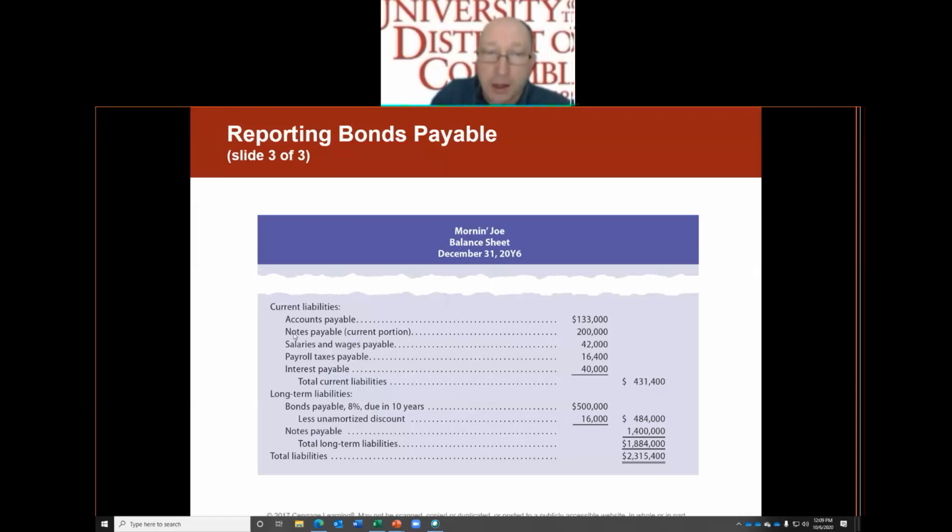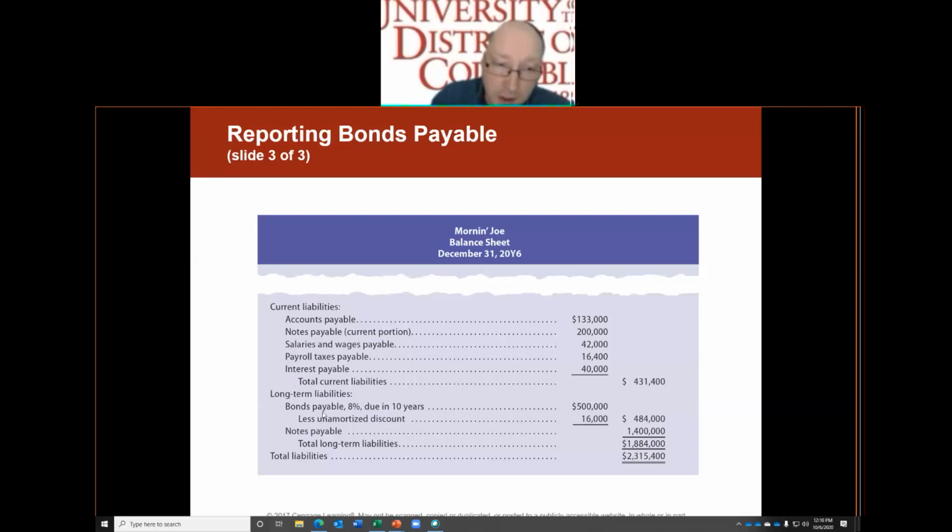You have your accounts payable, notes payable. The notes payable under current liabilities is the current portion of notes payable. This is also called the current portion of long-term debt. Salaries, payroll, interest payable, those are all current liabilities.